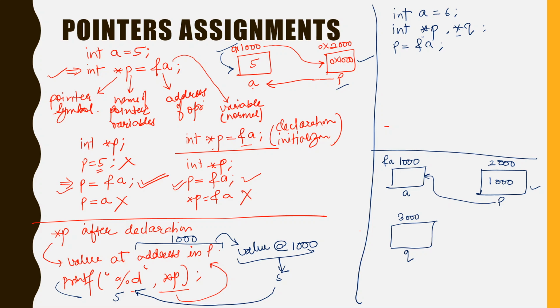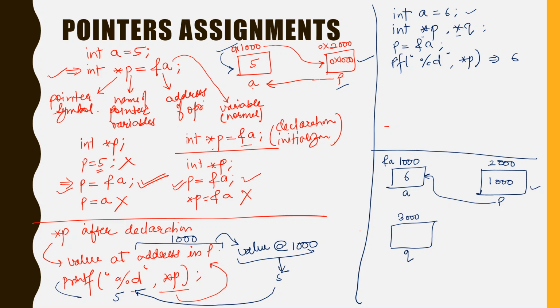Now you can see that the value of a is 6. If we print the value of *p, I have not printed the value of a, but printing *p would return me 6. Why 6?